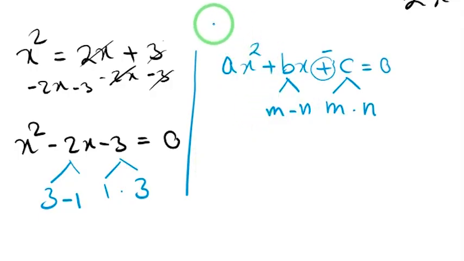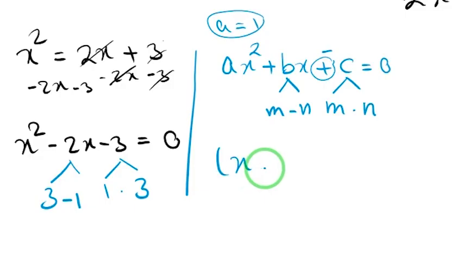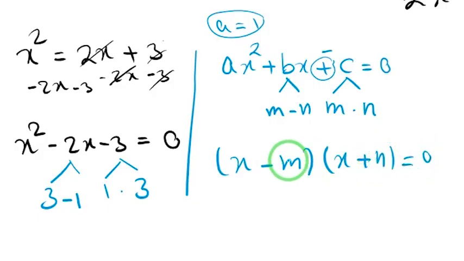Of course, in this method a should be equal to 1. This is the condition. Then you factorize x minus m and x plus n equal to 0. The sign of the larger one agrees with b, and the sign of the smaller is the opposite of b. So here is the same as this type of quadratic equation.